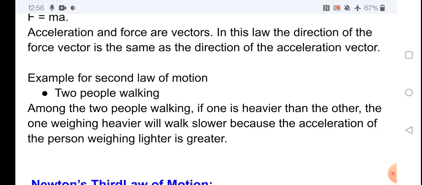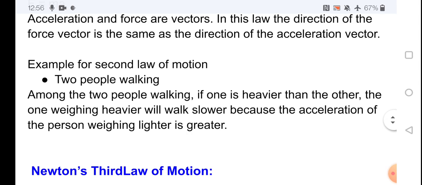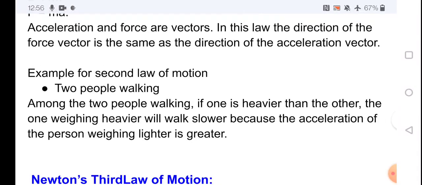That is, one person is of heavy mass, meaning he is fat, and another person is very thin. The very thin person is moving freely, meaning his acceleration is high, whereas the fat person cannot move easily, so the acceleration is slow.